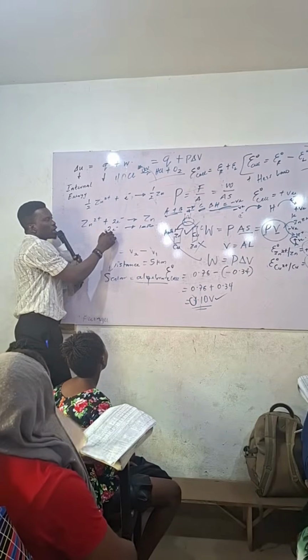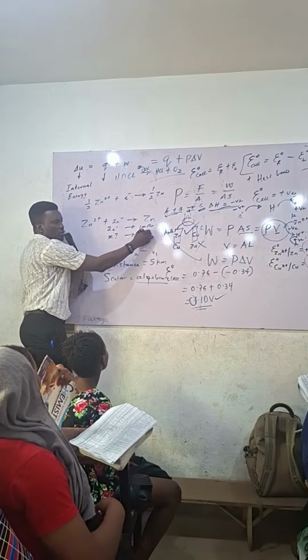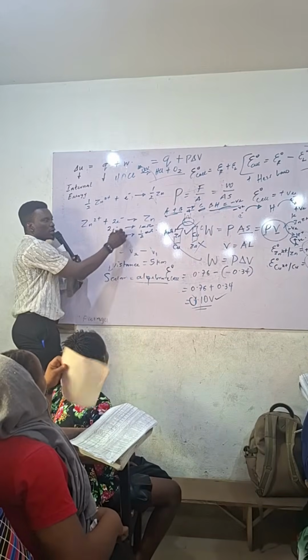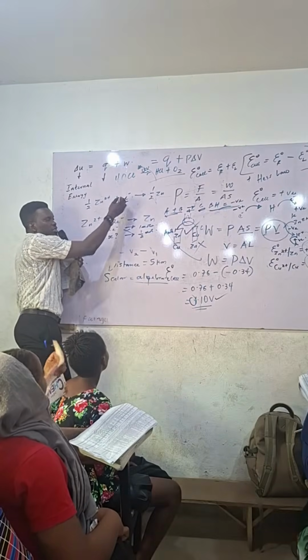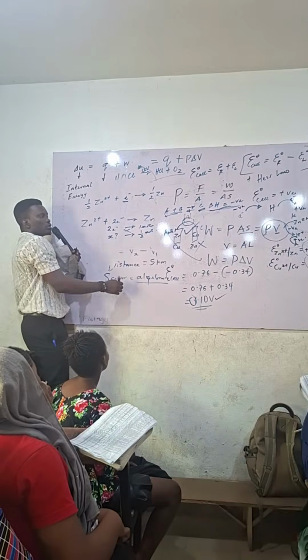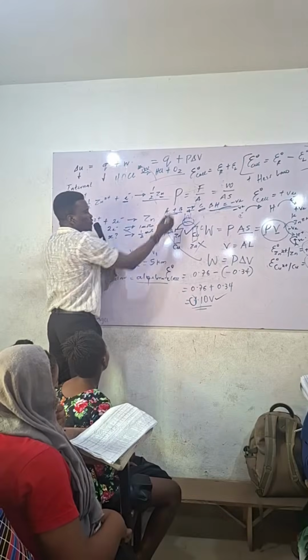So, how many moles of electrons will be required to discharge 1/2 mole? One, but it's even here already. They said to discharge this zinc. How much zinc do you discharge? Half mole.